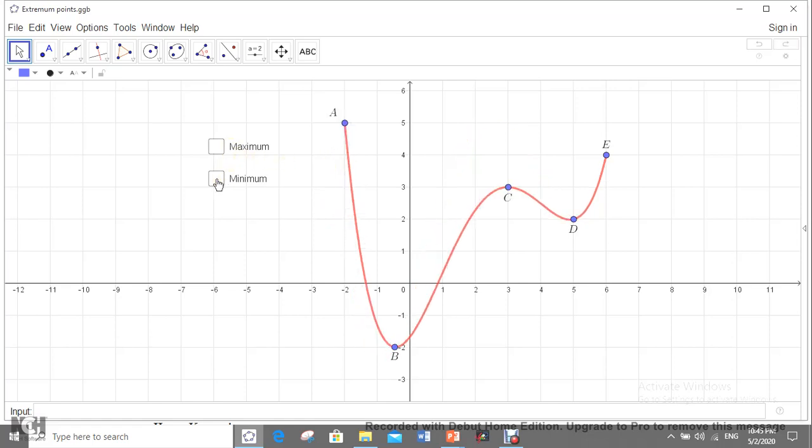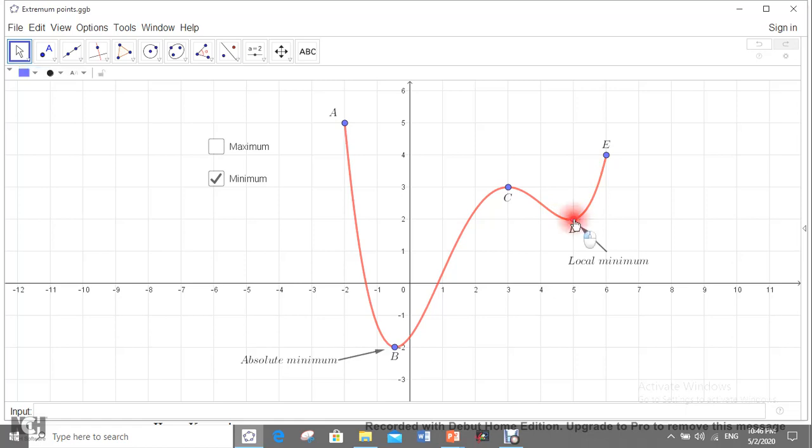Okay, let's see another case where we have an absolute minimum. As you see, absolute minimum is the lowest point, which is here, the absolute minimum of this curve, of this function, where we have the lowest value of y, of ordinate or y values. And as you see here, we have a local minimum since the function stops decreasing and starts increasing over here.